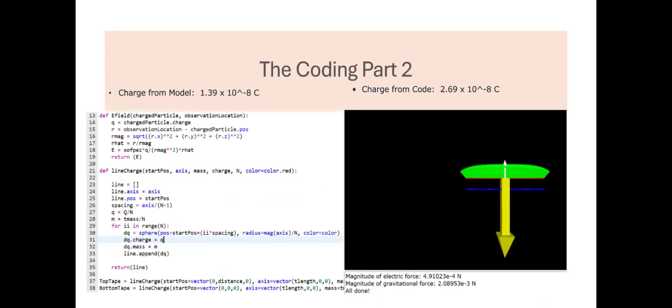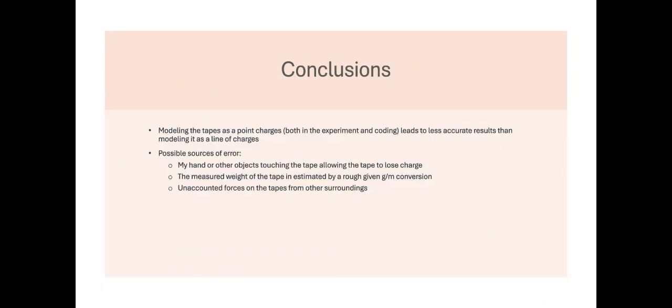As you can see, the charge from the code was 2.69 times 10 to the negative 8 coulombs, which was not the same as from my experiment in part 1. So modeling the tapes as point charges both in the experiment and the coding leads to less accurate results than modeling it as a line of charges, because you're basically taking out all the varying parts of the electrical field throughout the length and just saying it's one dot.